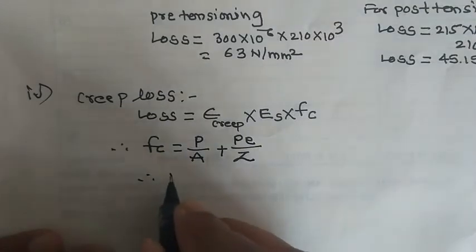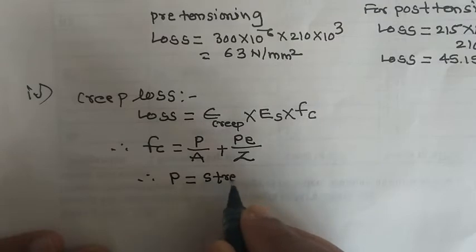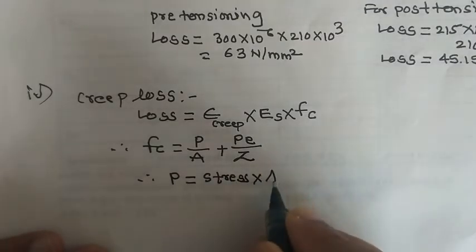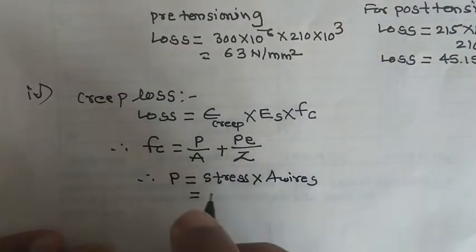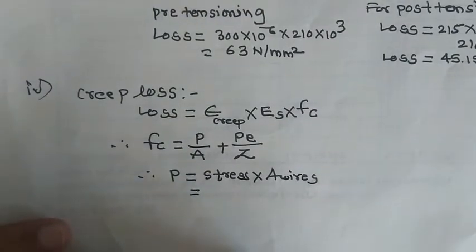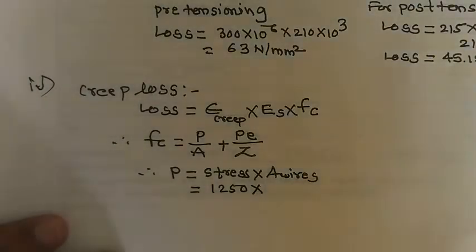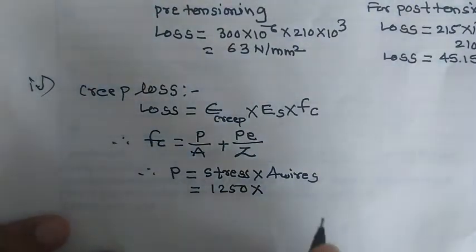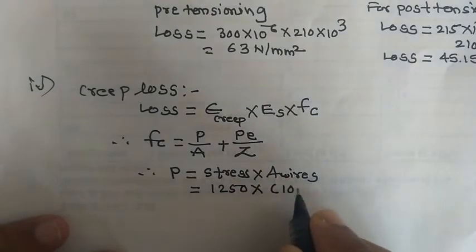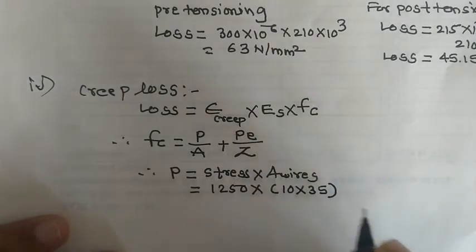So in this question, the pre-stressing force is not directly given. To calculate it, pre-stress multiplied by area of wires. The pre-stress is 1250 multiplied by the area of wires. 10 wires are given and each wire has an area of 35 mm square.